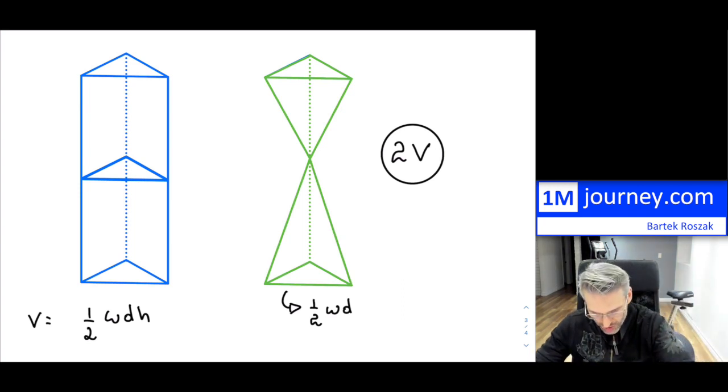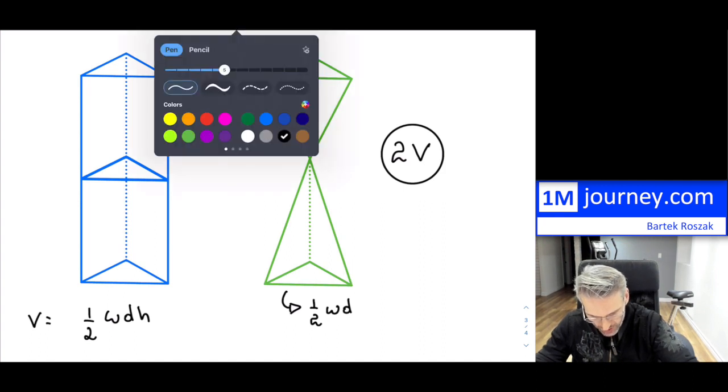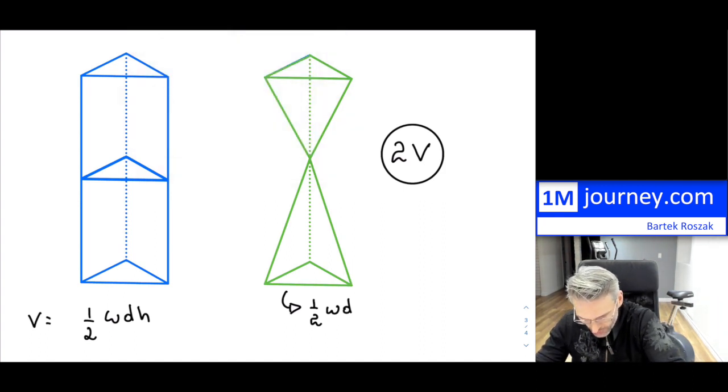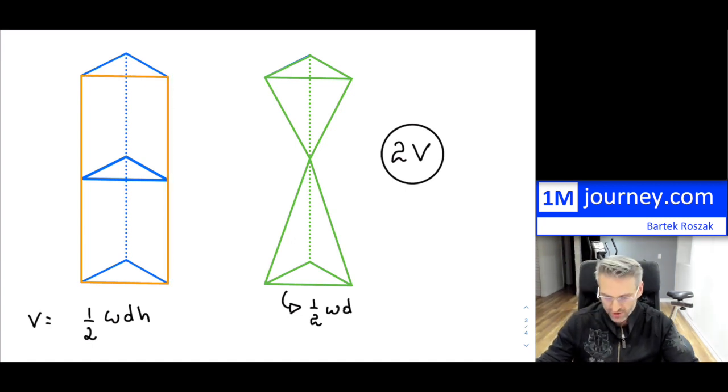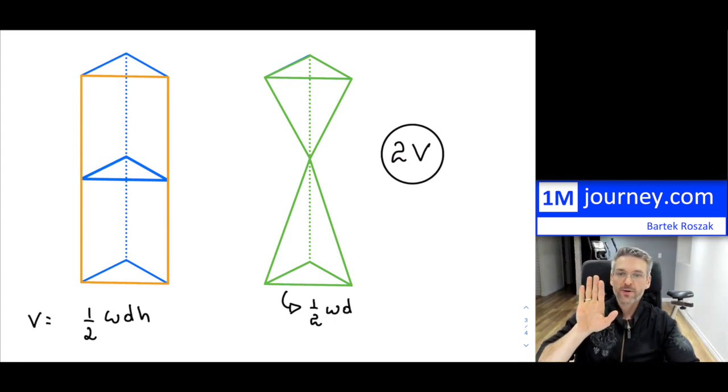And then you're going to have an additional one, and I'm going to try to use a different color. Now, it's going to be hard for you to see, but this is going to be the base. Notice it's rectangular, right? So that is the rectangular base right here.